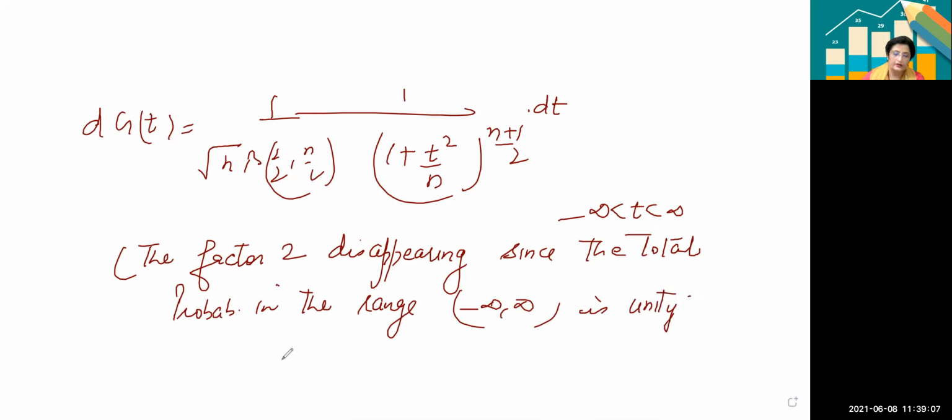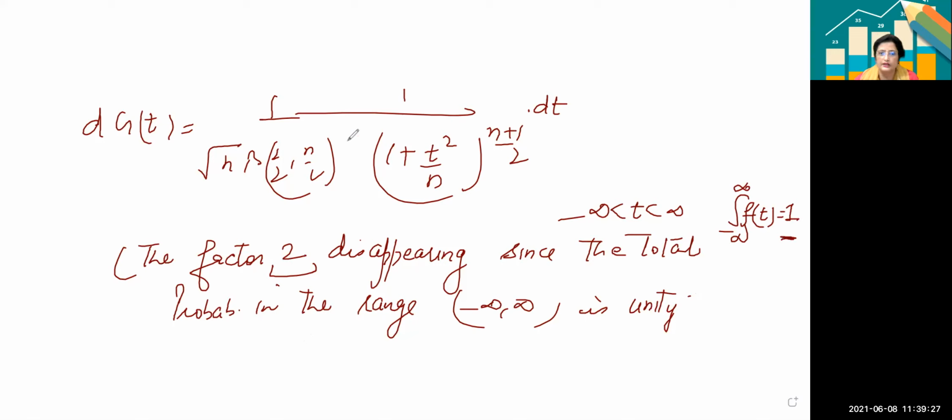Okay. So this is the probability that we calculated. Because look, they said that the factor 2 disappeared. Why? Because we know the property of a PDF: when we integrate it over the whole domain, the answer must be equal to 1.